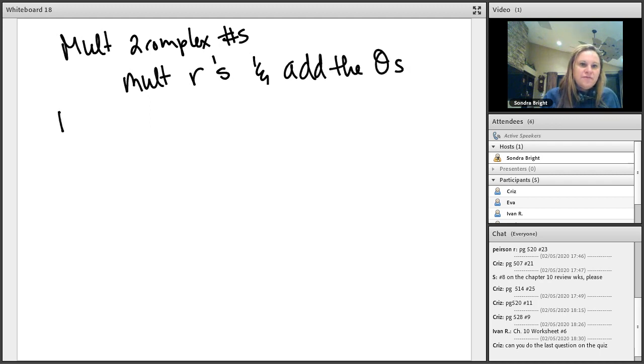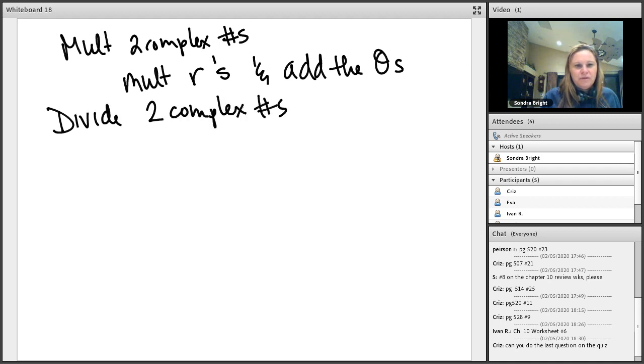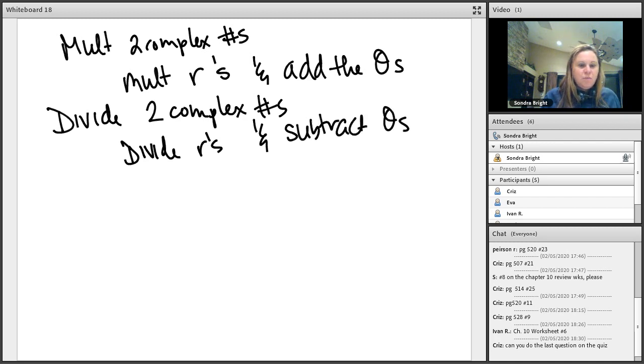And when you divide two complex numbers, you will divide the r's and subtract the thetas. And then de Moivre's theorem was when it was to a power.